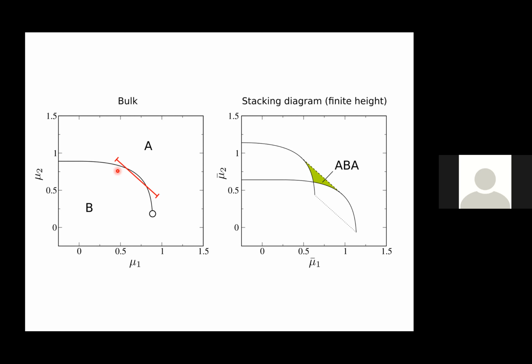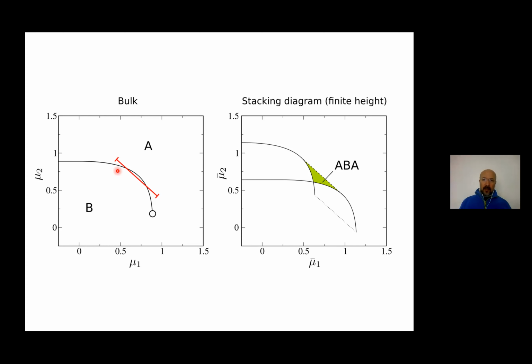It's just a general question. To construct the stacking diagram, is it just a translation of the bulk diagram in some direction? Can I think like this? Just take the bulk diagram and translate it in the plane, or is it not like that?